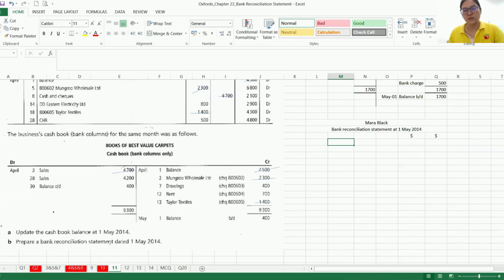If we start with the balance, since we already prepared the updated cash book, we start with the bank balance as per cash book. Balance as per updated cash book, which is the amount is in here because this is an overdraft. So we should put a bracket sign, 1700.